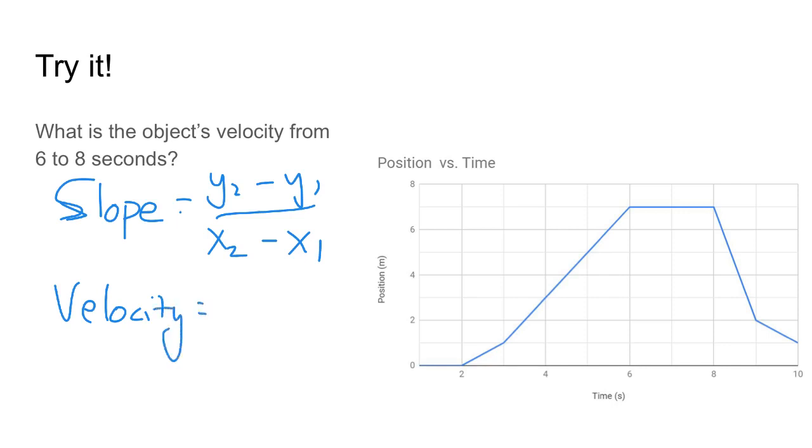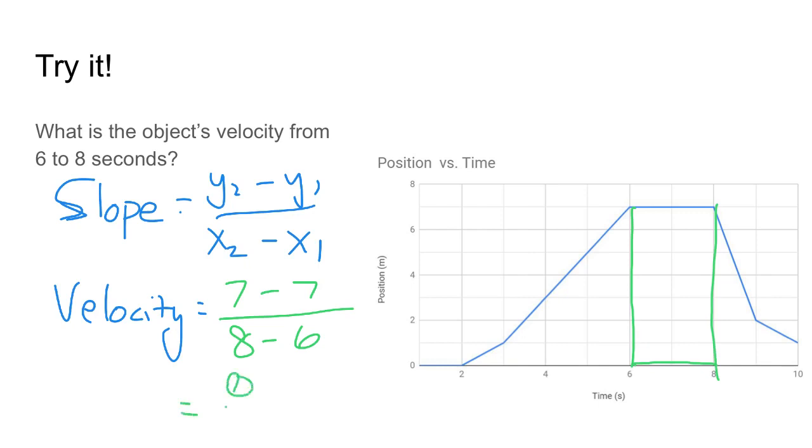Our x, and I always do the x first for whatever reason, is 8 minus 6, which is 2. Our y changed from 7 to 7, so 7 minus 7, there was no change there. So our velocity equals 0 divided by 2, and that means we have a 0 meters per second velocity.